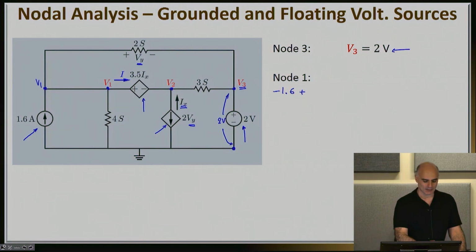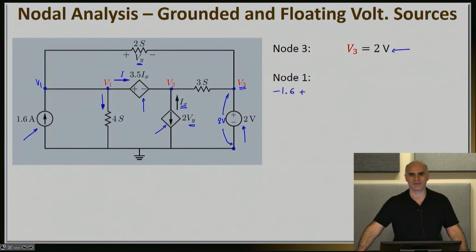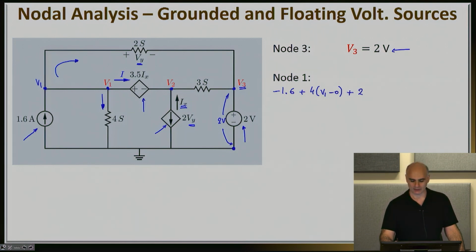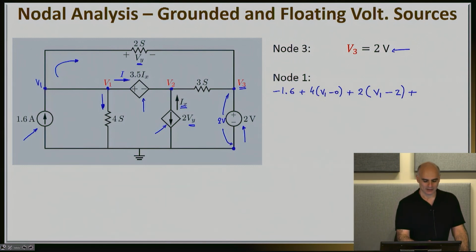Then I have the current that flows out of the node through the 4 Siemens conductance, so this will be 4 times V1 minus 0. Then I have the current that leaves this node through the 2 Siemens conductor, which is plus 2 times the voltage difference across it, V1 minus V3, but V3 is equal to 2, so I will write it this way. Plus now the current that leaves to the right through the dependent voltage source right here.